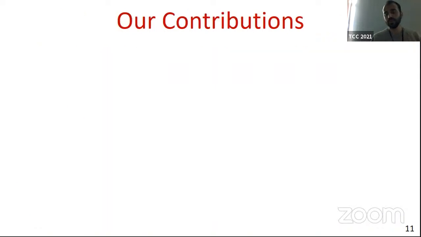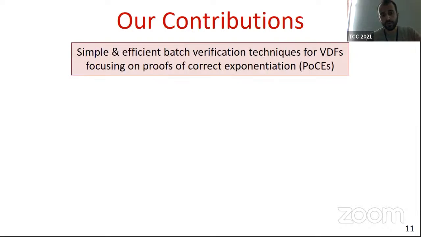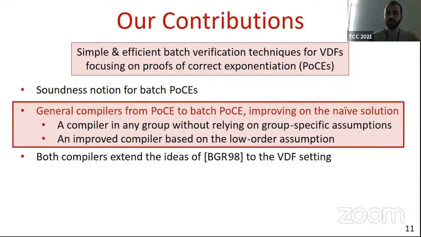So in this work we present general and modular techniques for batch verification of VDFs, focusing specifically on proofs of correct exponentiation. We define a suitable soundness notion, and then we present two compilers that improve upon the naive solution of simply producing n different proofs.